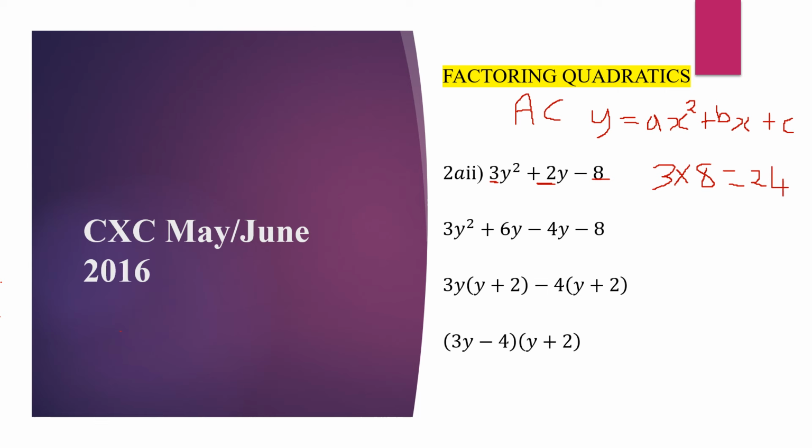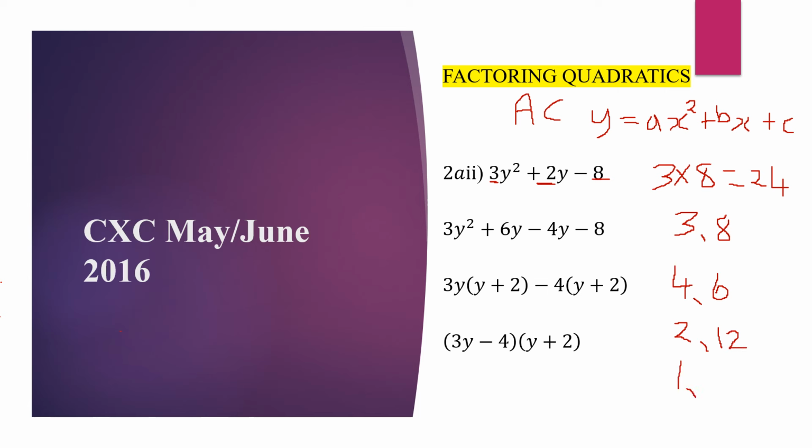So the factors of 24 are 3 and 8, 4 and 6, 2 and 12, and of course the other two factors of 24 are 1 and 24.